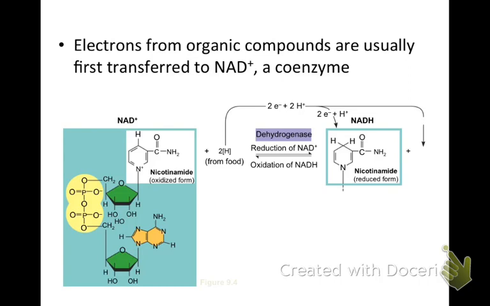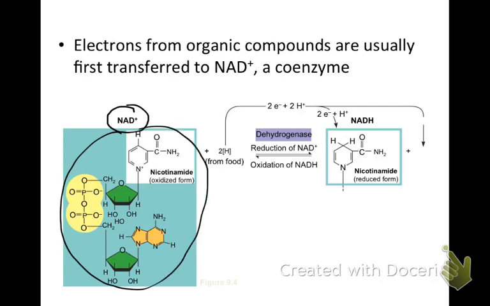Now, NAD+ is an extremely important molecule. It's called a coenzyme. A coenzyme is not a protein. It is an organic molecule, though, that does help proteins and will bind to proteins. You don't have to memorize this incredibly complex chemical structure, but all of this here is NAD+. What NAD+ is going to do is take in electrons.